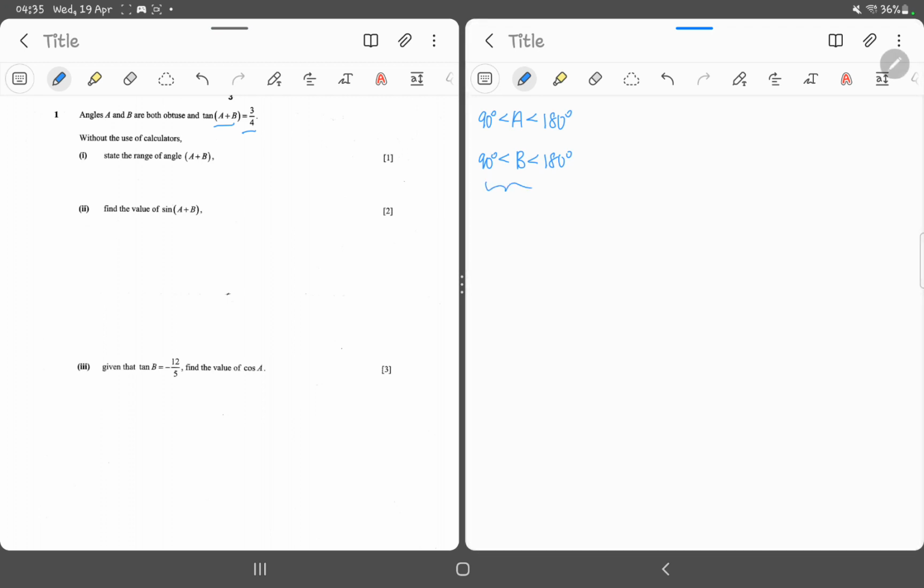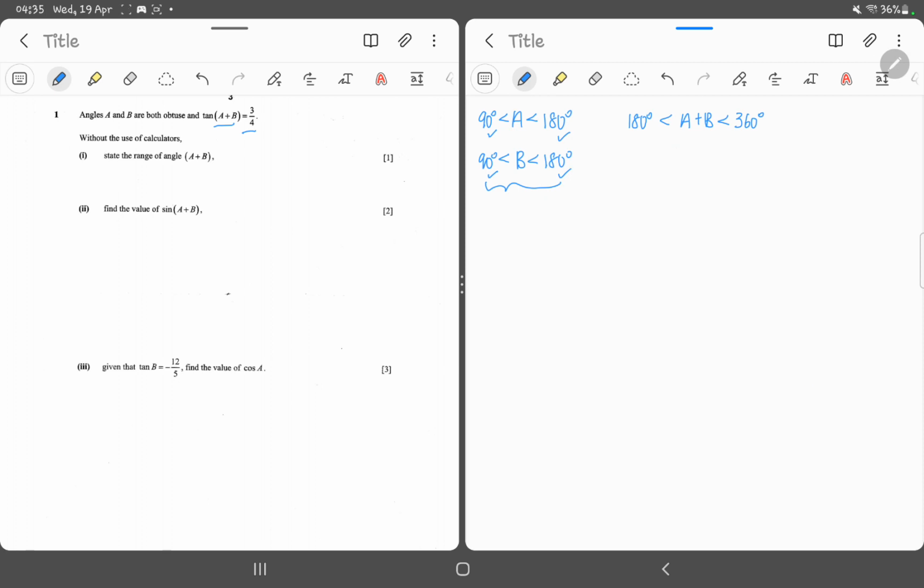So if we look at these two inequalities over here, we can see that A plus B is between 180 degrees, because I add 90 degrees to 90 degrees, and 360 degrees, because I add 180 degrees to 180 degrees, correct?